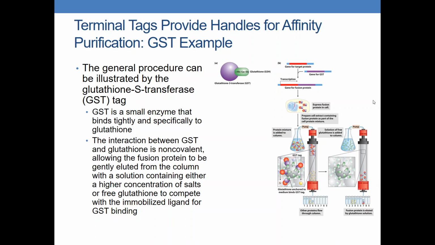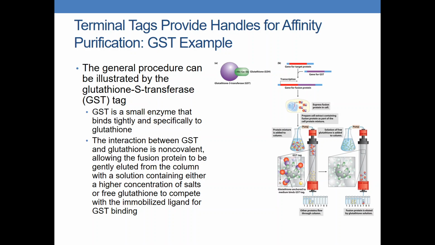Now, to build upon the idea of cleaving that off later that I just presented to you, some people, including myself again, will include a linker between these two proteins. So here on the genetic level, you would insert a linker sequence between your target gene and your GST gene, and that linker sequence would contain the binding site for certain proteases that are specific and can basically downstream after purification allow for you to cleave off your GST here.